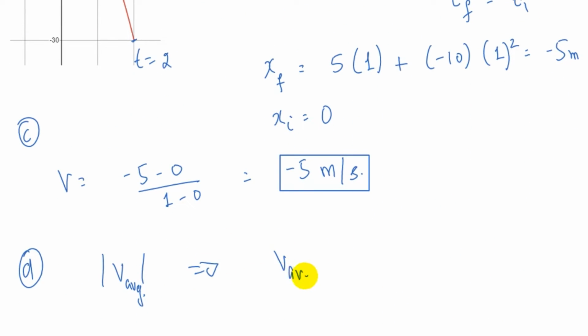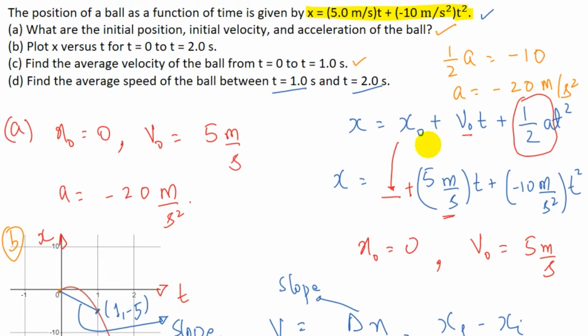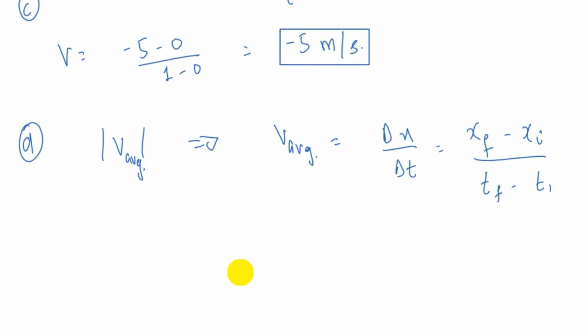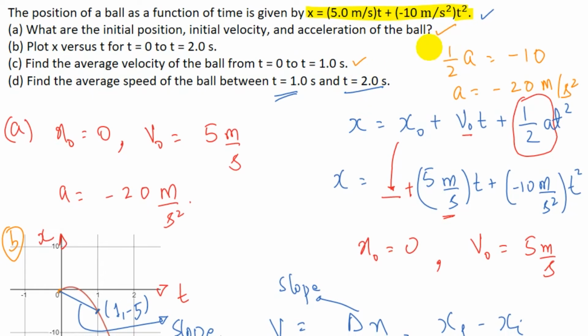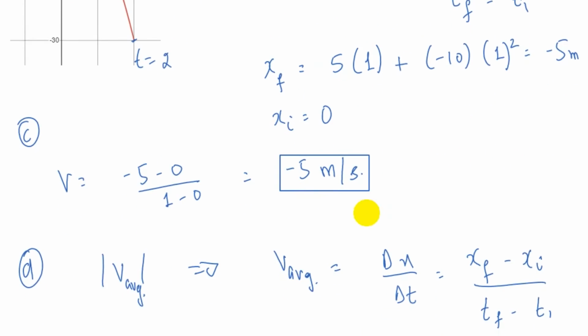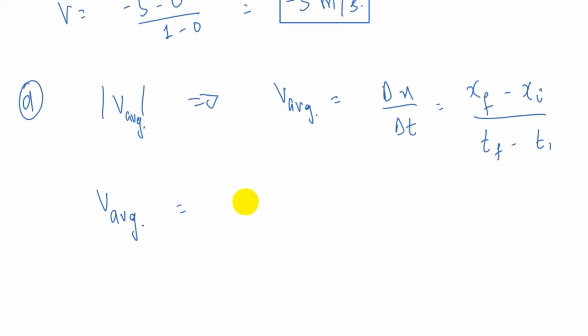So average velocity would be equal to delta x over delta t, that is xf minus xi divided by tf minus ti. Now in this case, xf would be at time t equals 2 second, and xi would be at time t equals 1 second. So after putting t as 2 here, we'll get xf, and this value would be minus 30.